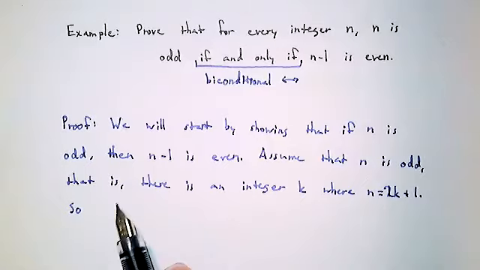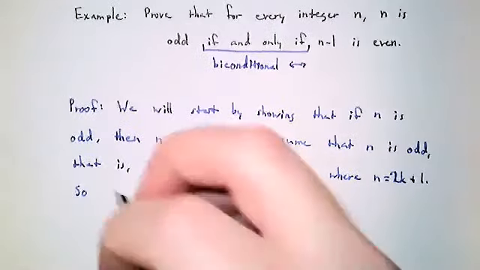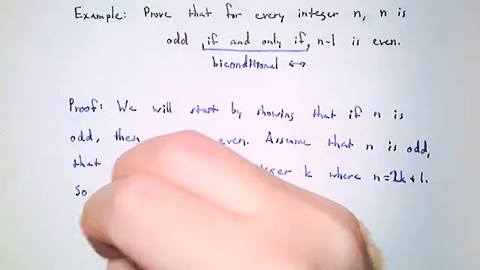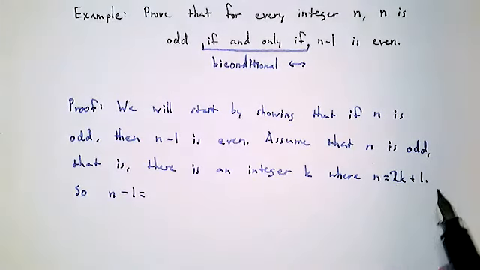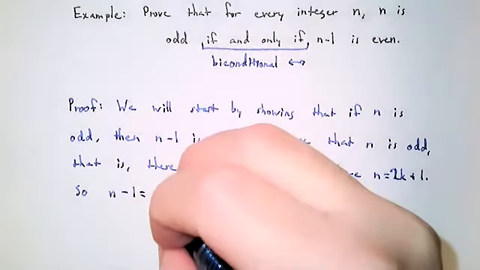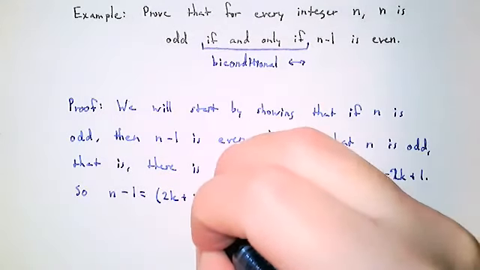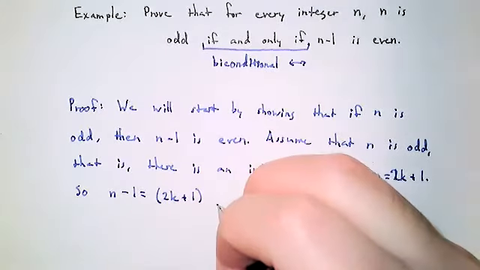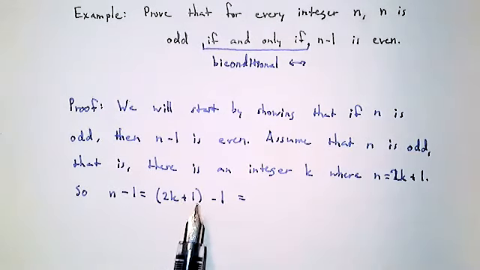And now we can see what we get when we subtract 1 from the number. So n minus 1 is equal to this stuff, 2k plus 1, minus 1. And then just simplify.